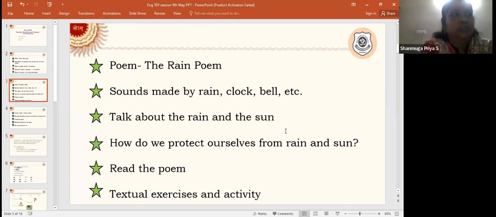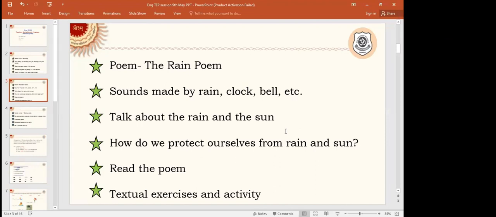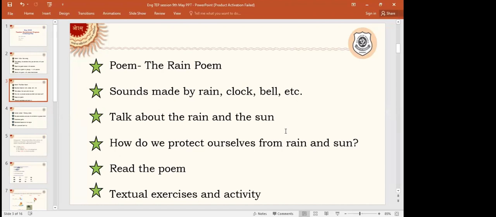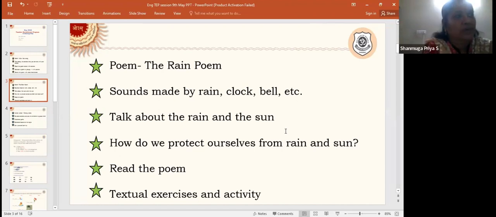Then what happens when the rain is over? The sun begins to glow. The sun begins to shine and the sky becomes clear. Yes, and the little flowers start to bloom. That's nice, very nice.